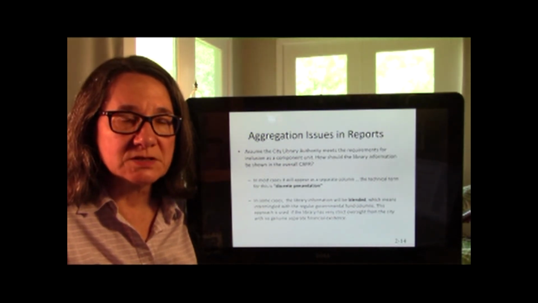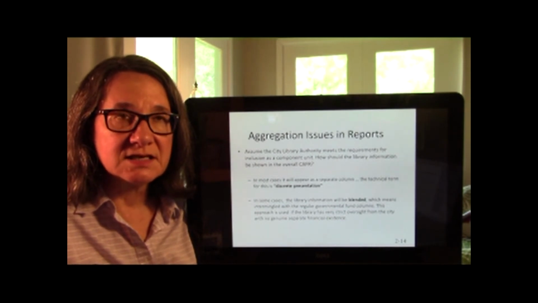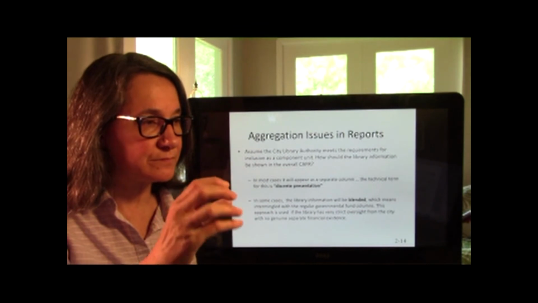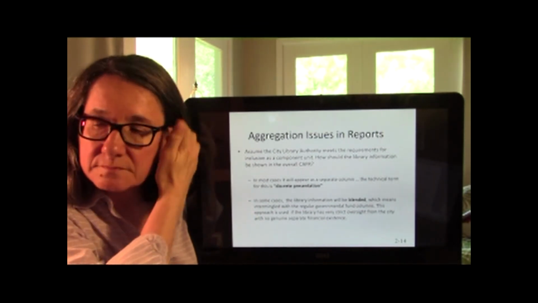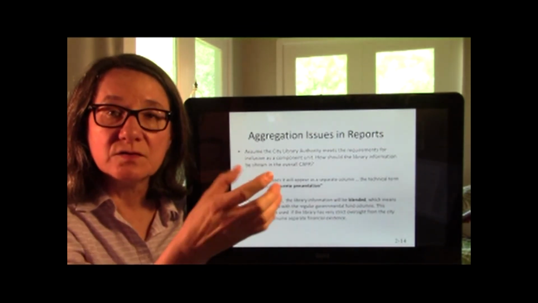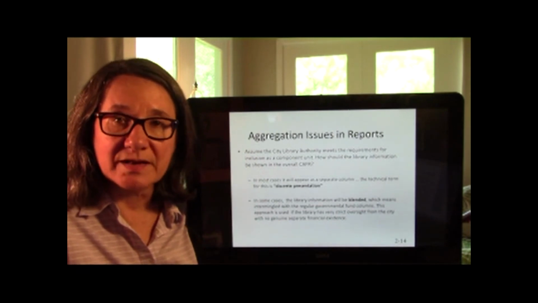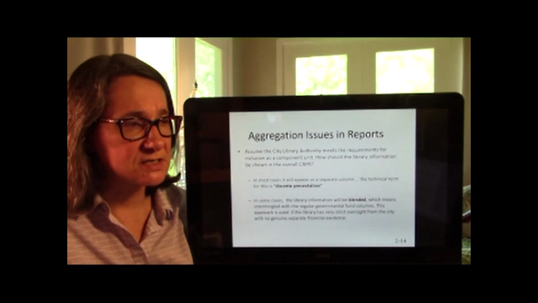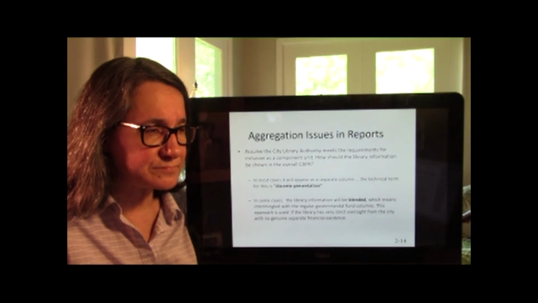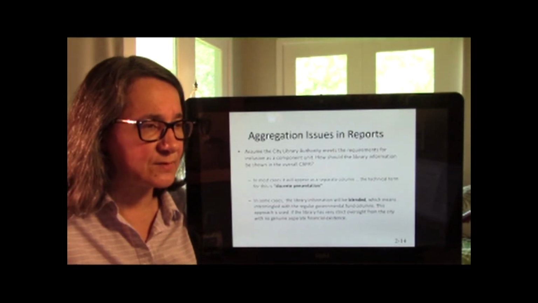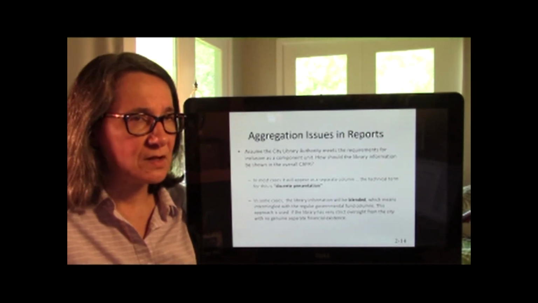So if you were to look at the state of Texas, they don't separate out Texas A&M Kingsville, but they do have a separate column in their funds for the universities. Technically we call that discrete presentation.